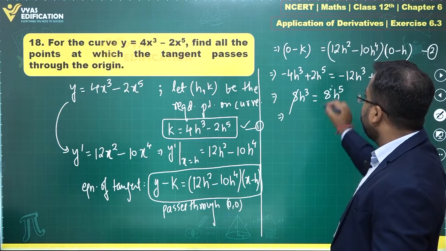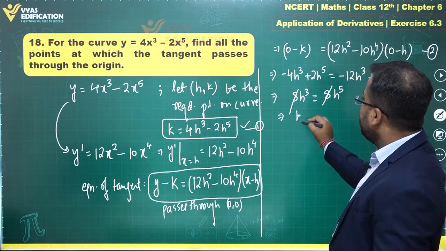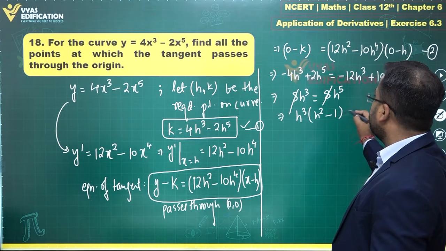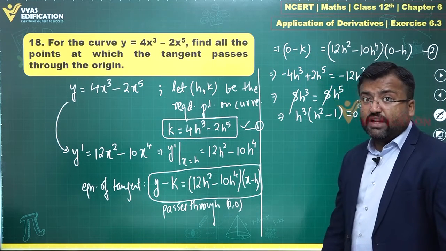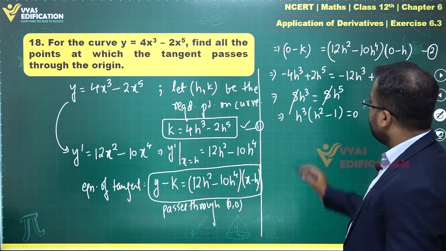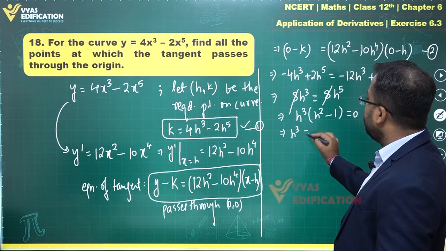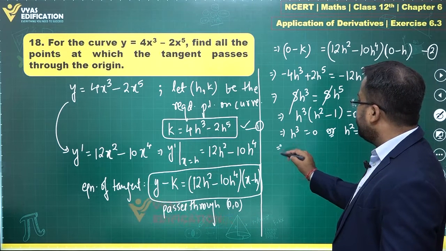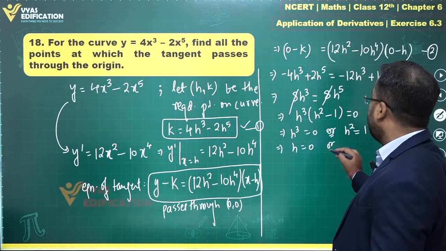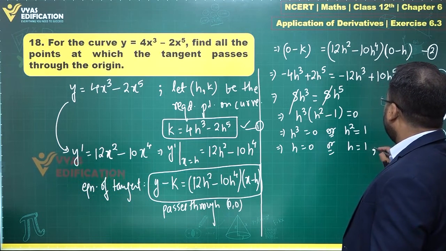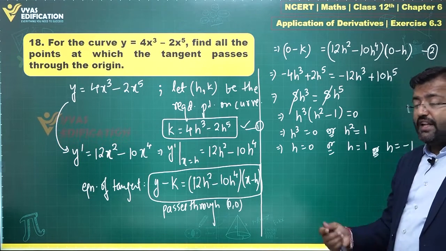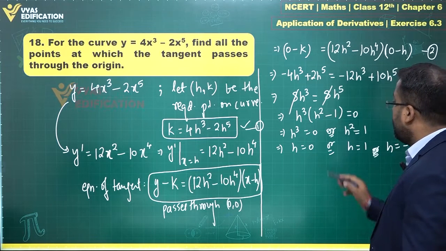Okay, the factor of 8 gets cancelled, h power 3 comes out, when you take it over there, what remains is h square minus 1 equals 0. Take it on the right hand side, right? And this is what you get. This tells me h power 3 is equal to 0 or h square is equal to 1, which further tells me h equals 0 or h equals 1 or h equals minus 1. Okay, h square equal to 1 will tell me that h equals 1 or h equals minus 1.